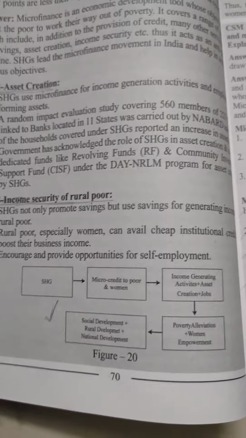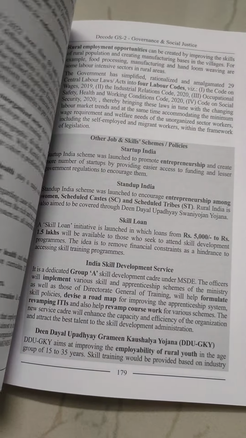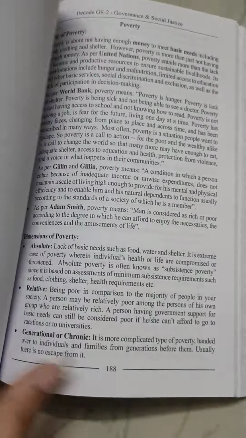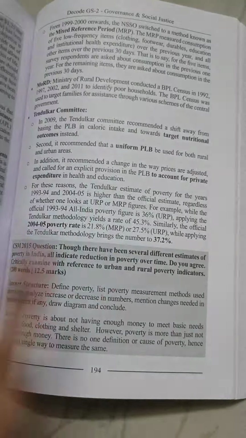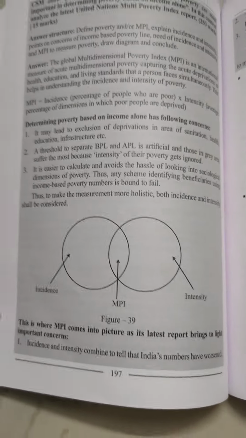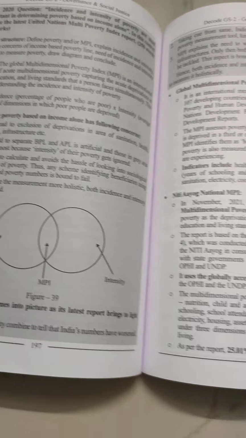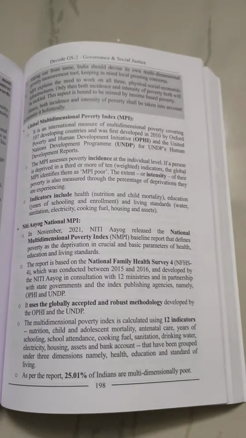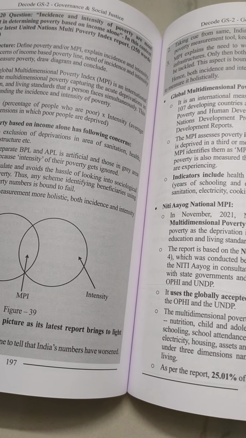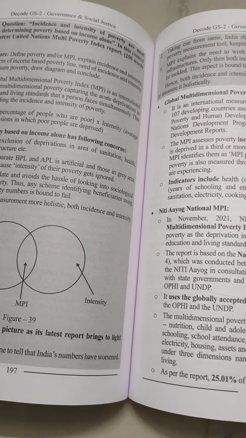Here you can see a flowchart regarding SHGs. I am showing you the flowcharts and diagrams that I liked the most in this book, and I will show you one more. Yes, here it is, a pie diagram on poverty. This aspect of flowcharts and diagrams is unique to all his books. You can use them directly in your answers.